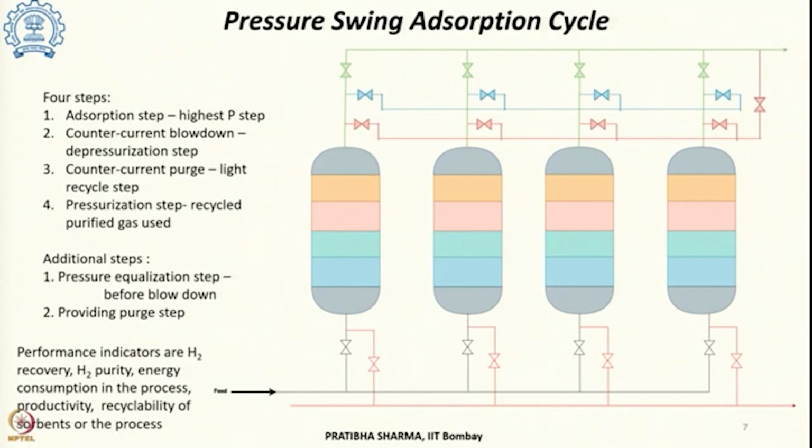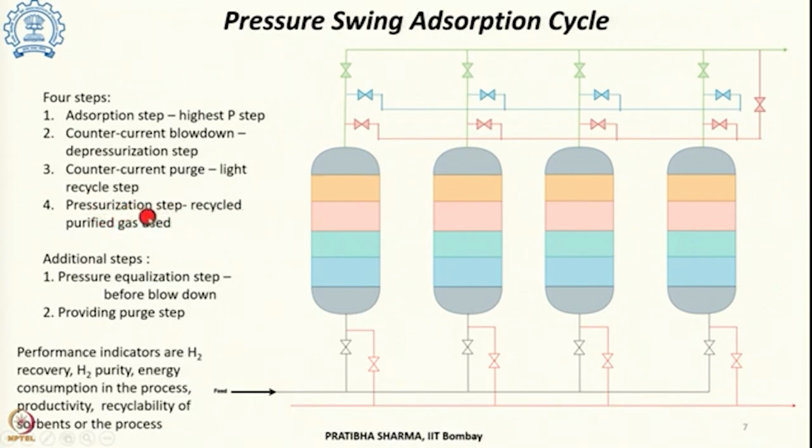This is a light recycle step in which hydrogen obtained from the product gas side can be used to purge the bed in such a way that the contaminants still remaining in the bed experience a lower partial pressure, and as such a certain amount of other contaminants can also come out in the process.